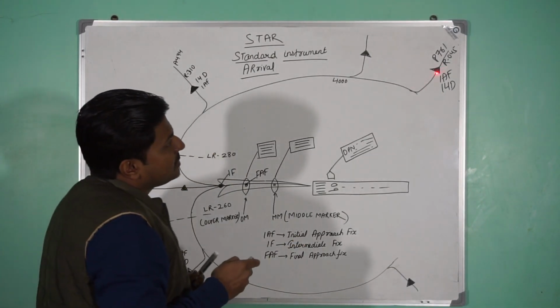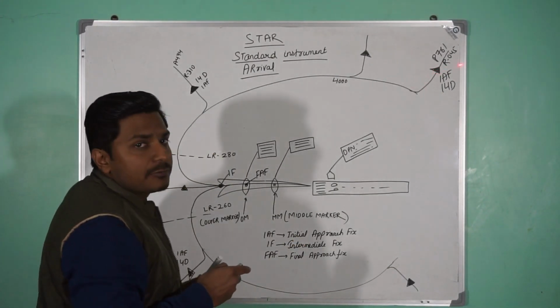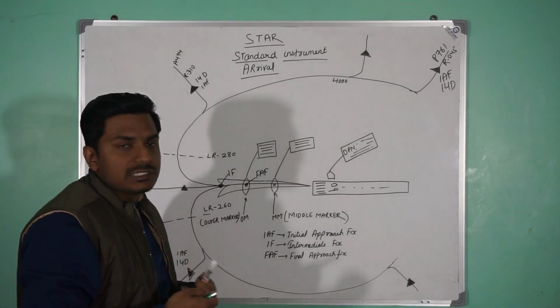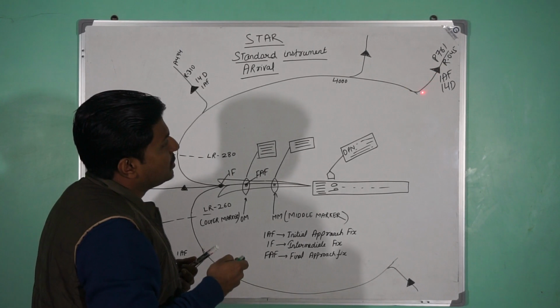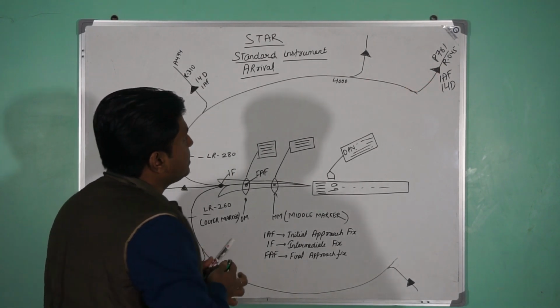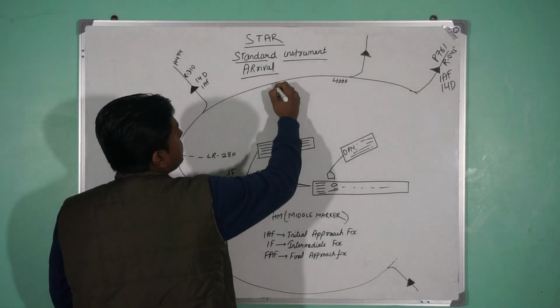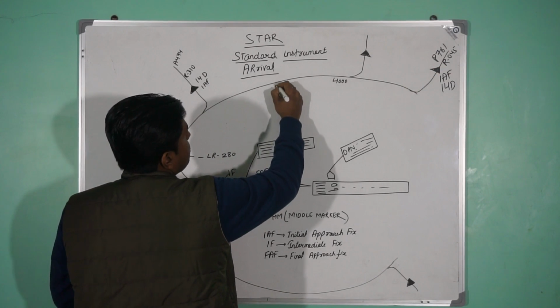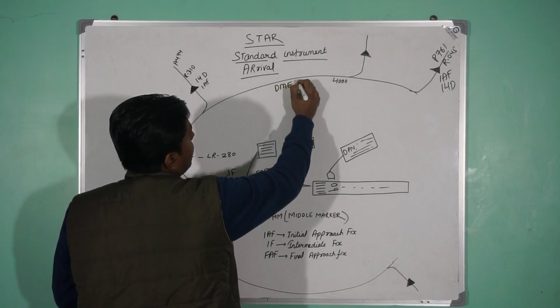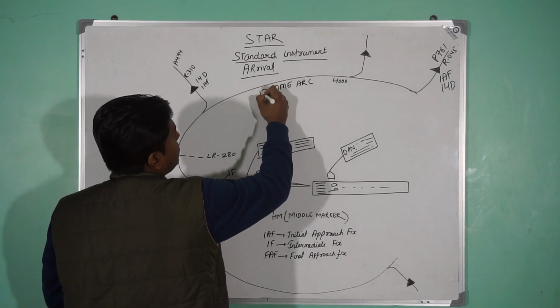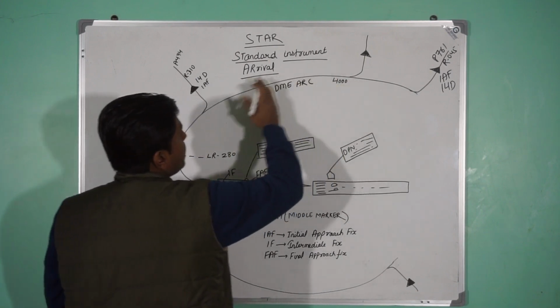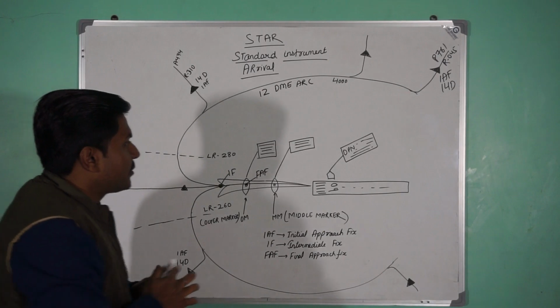So as you see that you have reached the initial approach fix, you have to start your procedure, and from here you have to take a turn towards this arc. This arc is normally known as a DME arc. Suppose the arc is at 12 DME, it is making 12 distance from the Delta Papa.